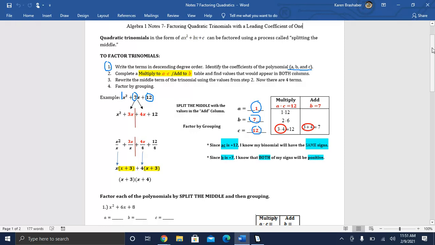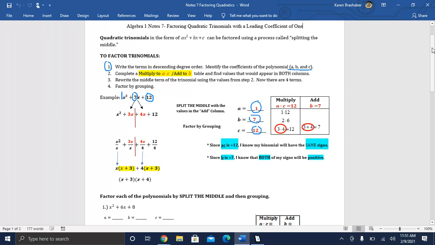And you will be creating a chart to help you find numbers that will multiply to give us the value of whatever A times C is, and at the same time add to give us the value of B. So this process is numerical in nature.